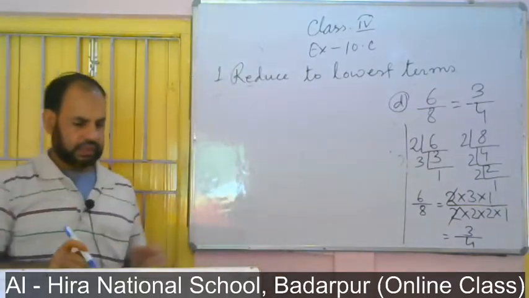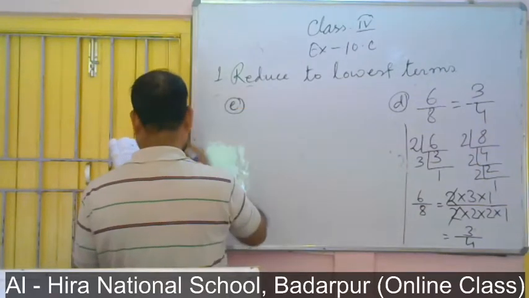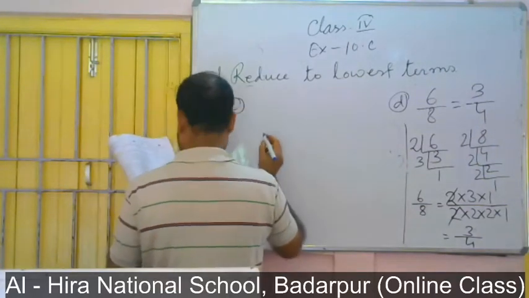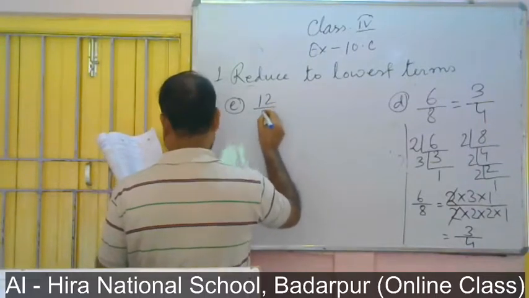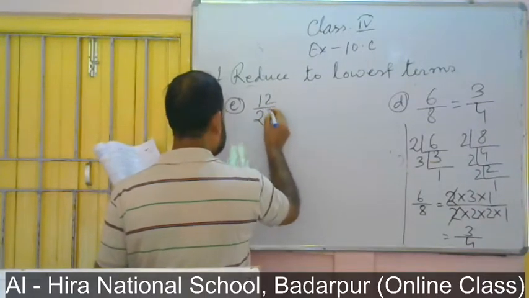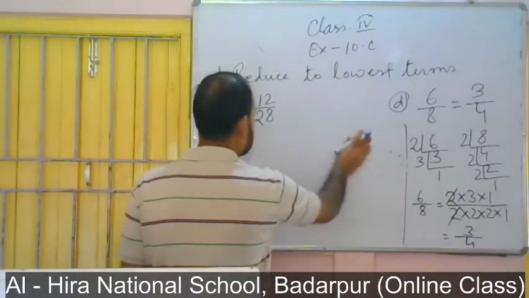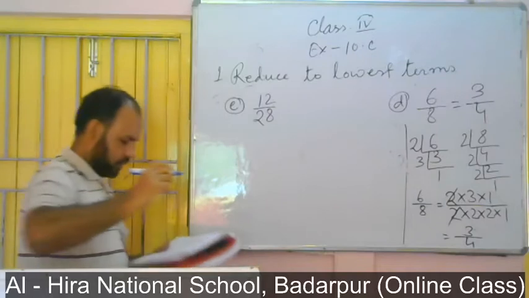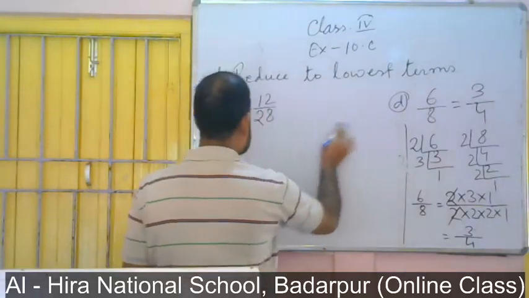question number E. 12 by 28. First we take out the common factors of 12.